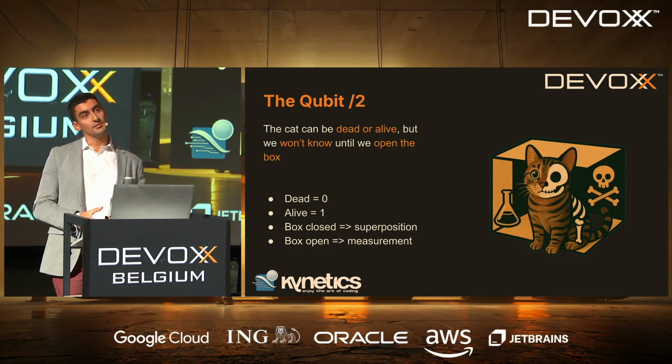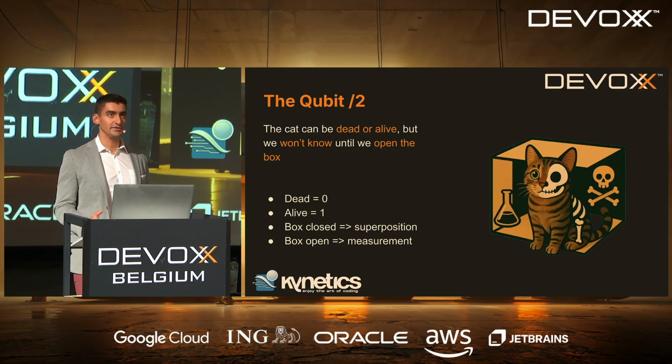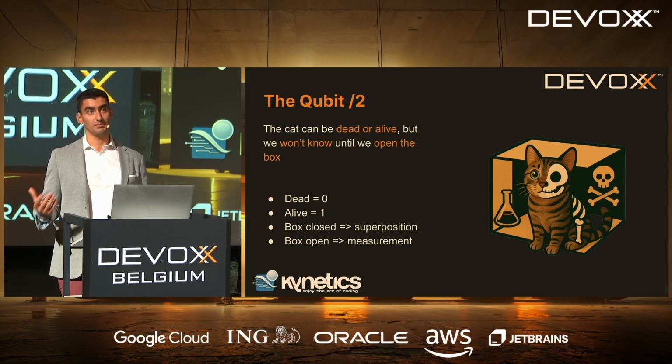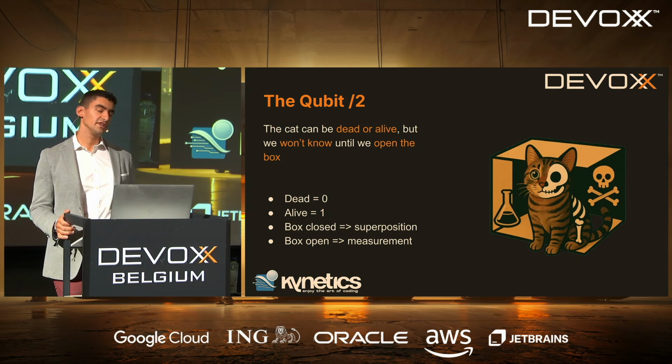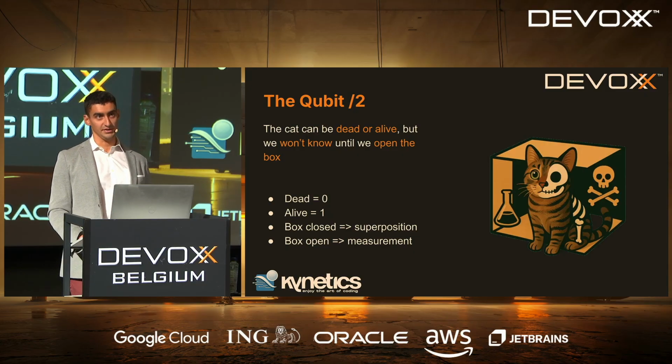And at that moment, we don't know the state of the cat anymore. The cat is surely not at the same time dead and alive, but we don't know if the cat is dead, because we have 50% chance of the poison to be released, or if the cat is alive, because we have 50% chance of the poison not being released. So this is superposition.